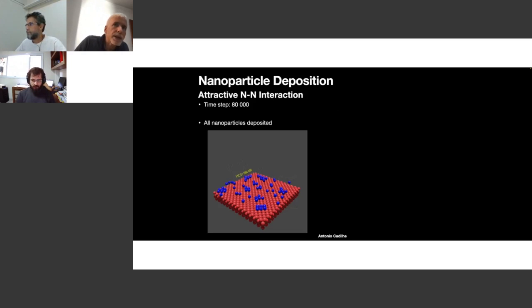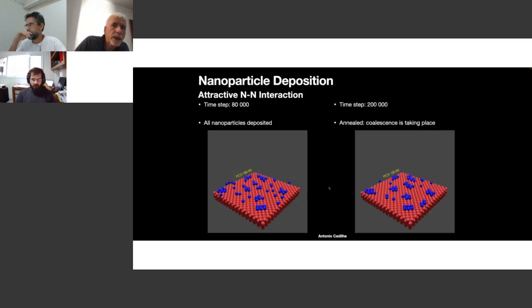This is for the case of attractive interaction. It started initially with some clumps, some aggregates, but over time, just because it's attractive, they keep annealing and growing.